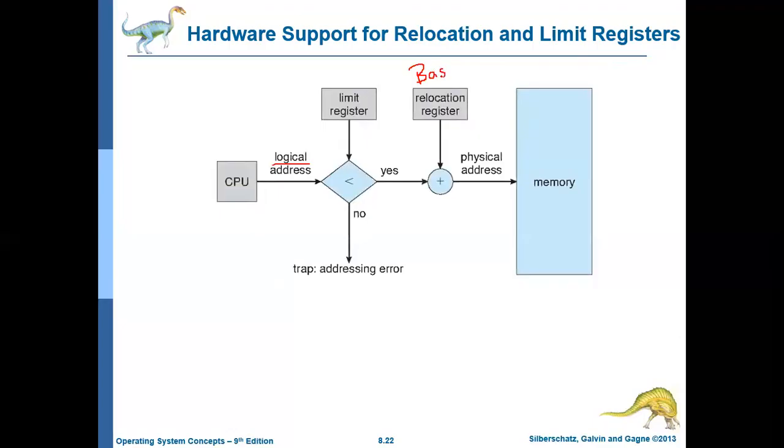By adding that, what you get is called the physical address. And now the CPU will be allowed to access the memory content of that particular location. Suppose the logical address generated by the CPU is greater than or equal to the content of the limit register, then it will create an error, which is a trap, a hardware interrupt.